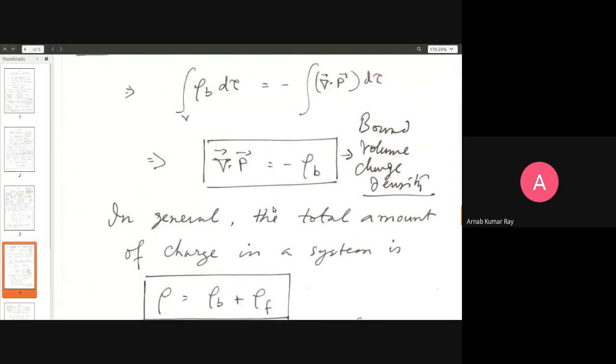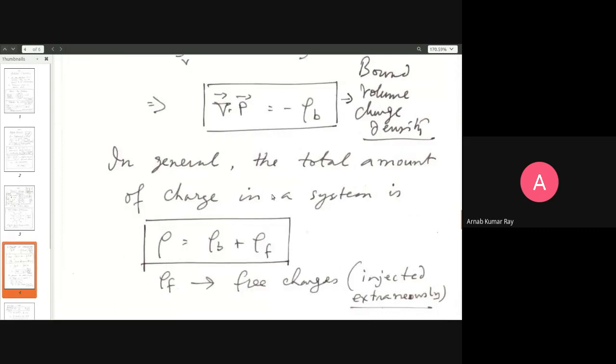Okay. With that, we can now further extend our argument. See, no material is a perfect conductor and no material is a perfect insulator. A perfect conductor also has a bit of resistance. The charges tend to be sluggish, not move as freely as we would want them to.